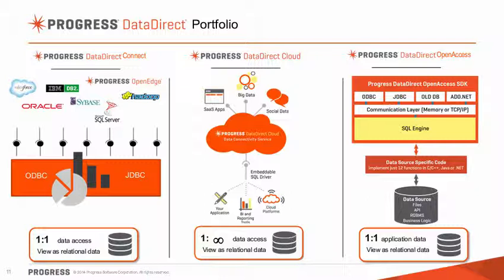So whether you want to connect to Salesforce or SaaS application data coming from Marketo or Eloqua or HubSpot or any CRM or marketing automation system, whether you want to pull data from Hadoop, through Hive or through Impala, or pull data from Mongo or any other big data system, or you want to pull data from a variety of other applications, DataDirect Cloud provides you a single driver that through our cloud service allows you to connect to all these different sources. So in a way, that's a one-to-many approach to data connectivity.